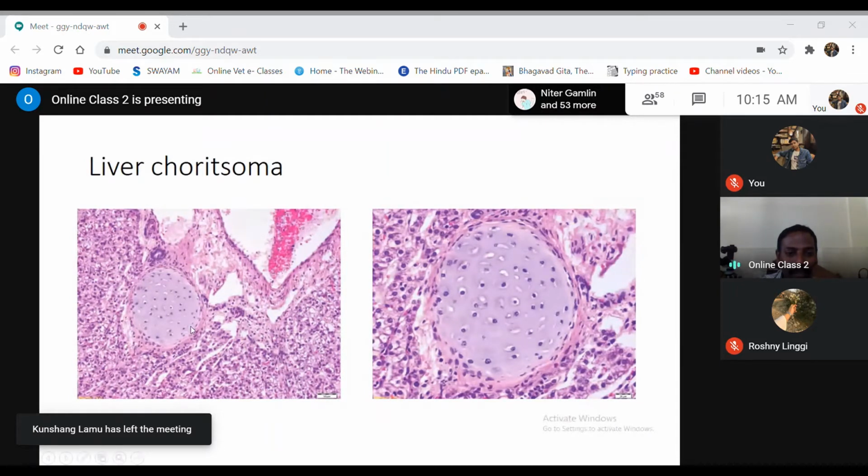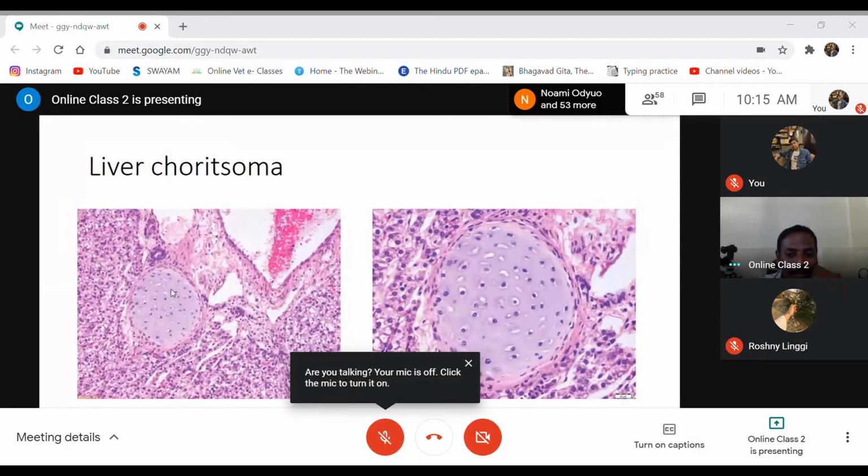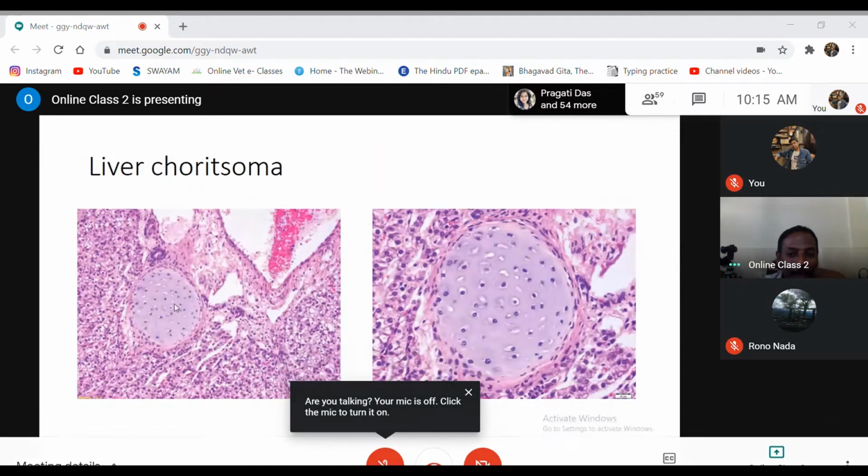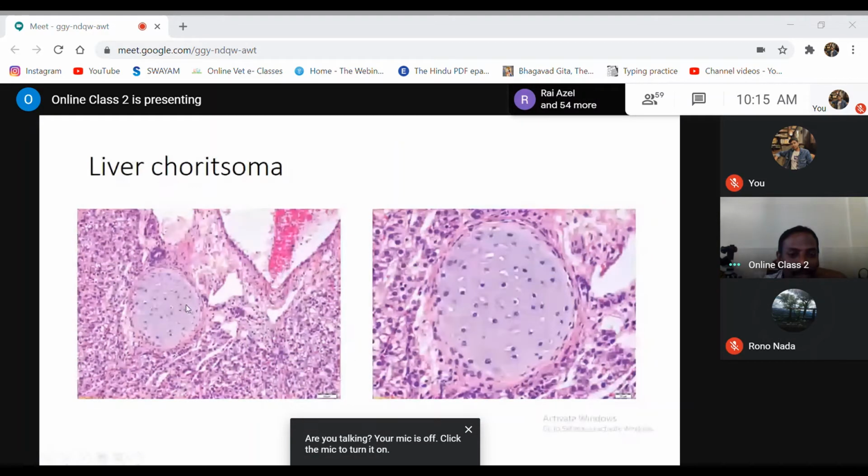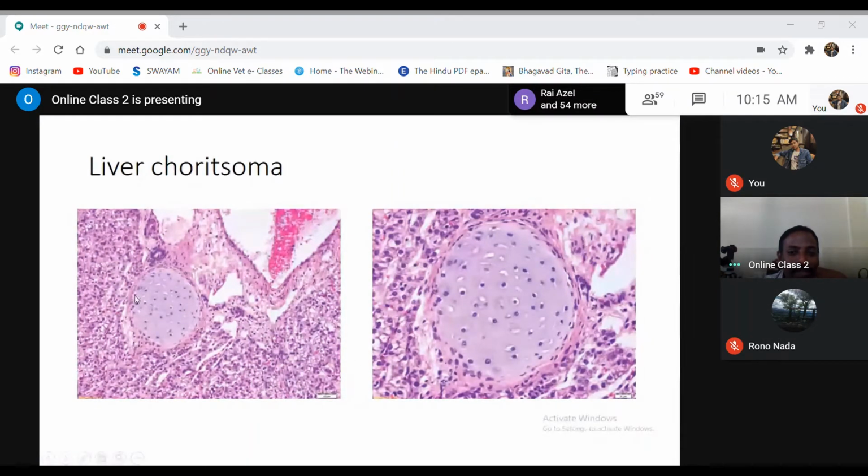Any guess? No one. What is that? What is this organ first of all? Liver. Yes, it's mentioned there. It is liver, of course.